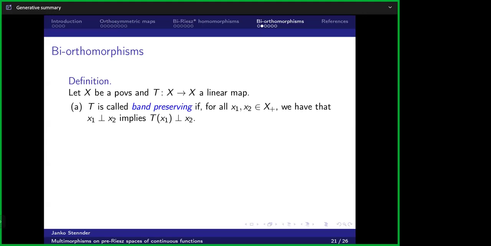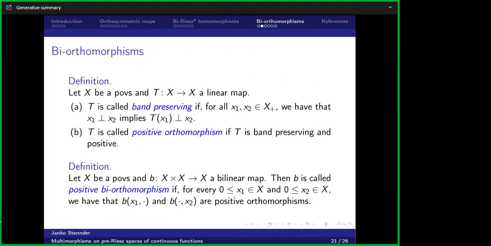That's exactly what we had before, the multiplication by a positive element would be our P here. And if this map is in addition positive and also band preserving, then we call it a positive orthomorphism. And this kind of operator is very well studied in vector lattices. Many nice results, but in partial vector spaces we don't know much, very little, because the disjointness is just very complicated.